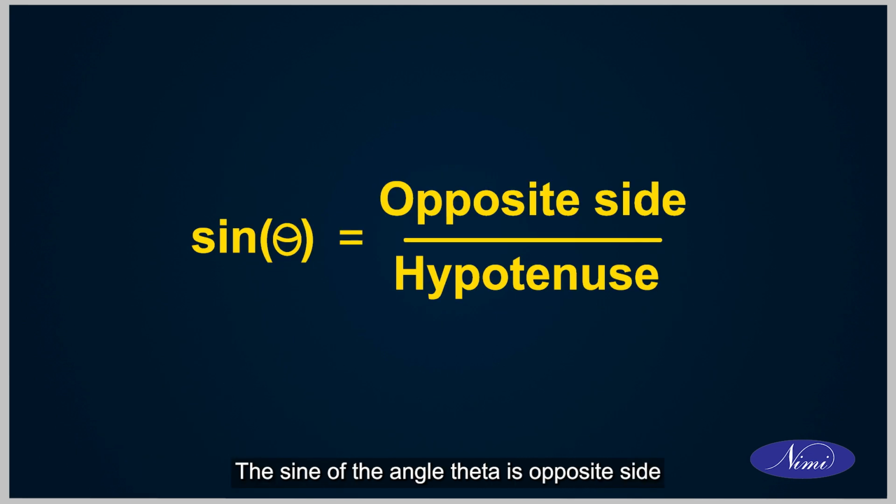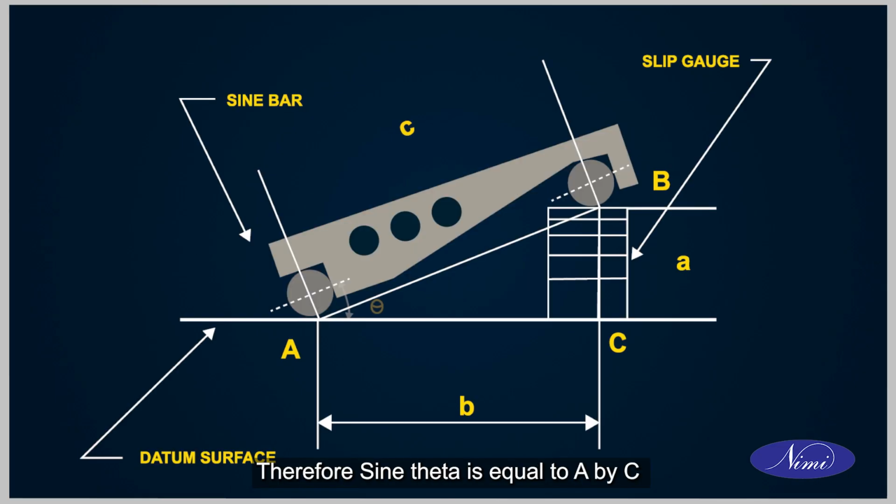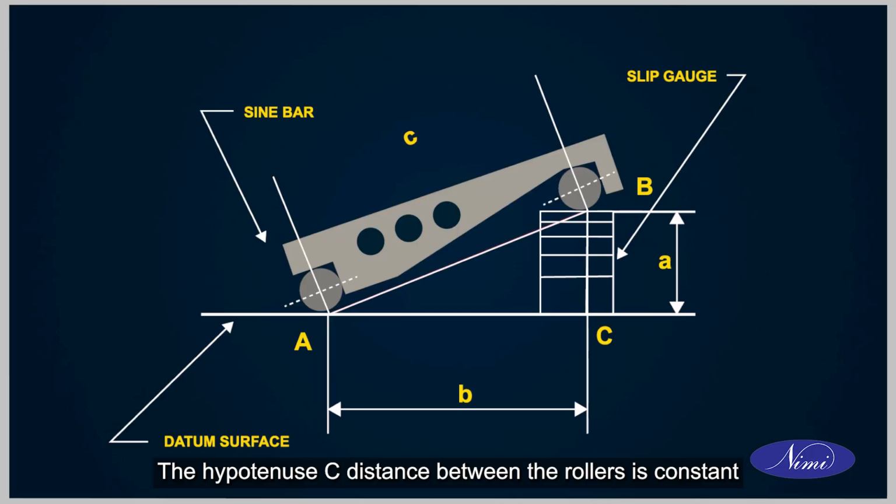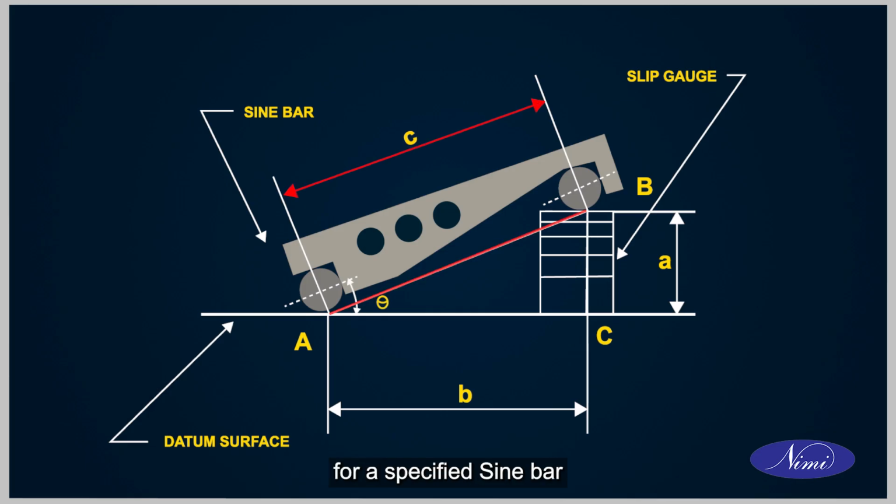The sine of the angle theta is opposite side by hypotenuse. Therefore, sine theta is equal to A by C. The hypotenuse C, distance between the rollers, is constant for a specified sine bar.